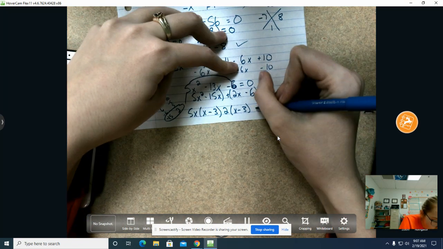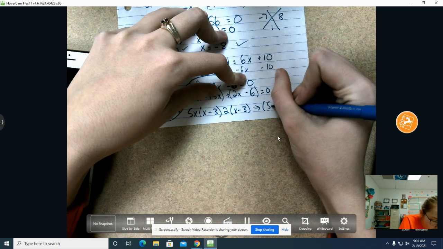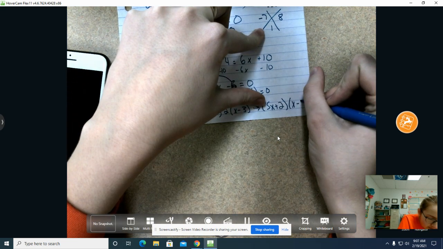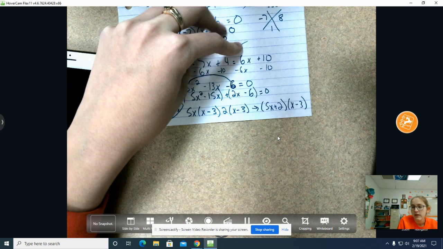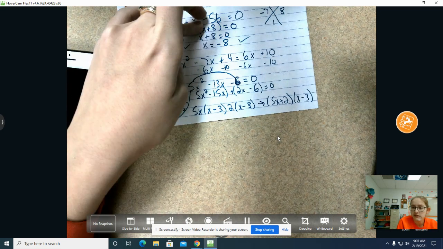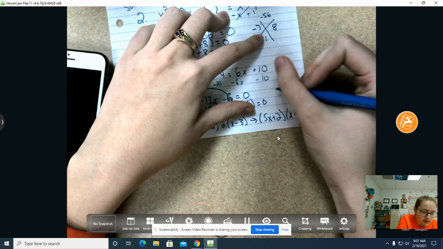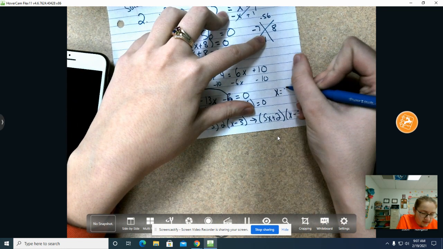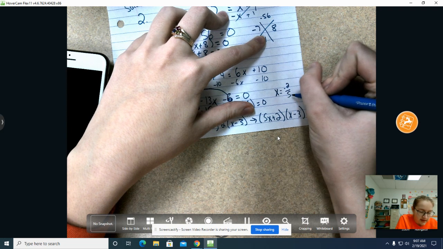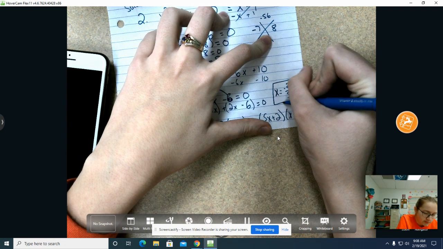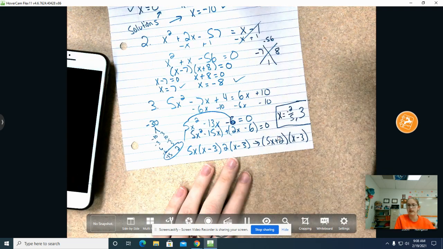This is going to give us 5x plus 2 and x minus 3. You have to set both of these equal to 0. So 5x plus 2 equal to 0 is going to give me x equals negative 2/5. X minus 3 equals 0 is going to give me 3. So set those equal to 0 and solve, and those are going to be your answers.